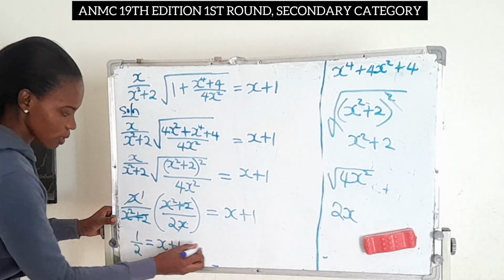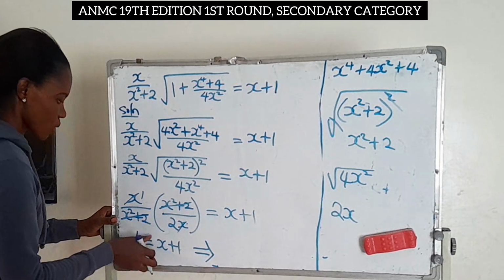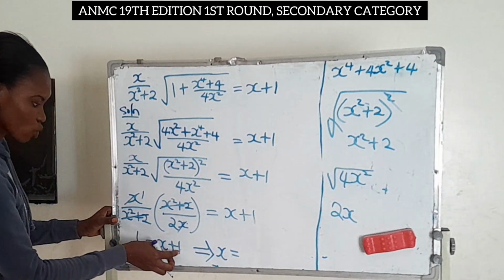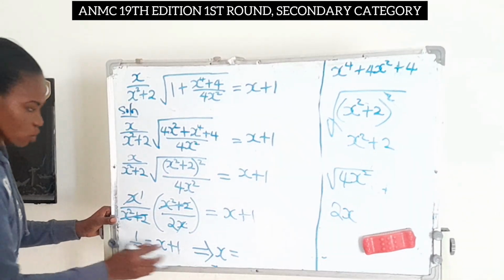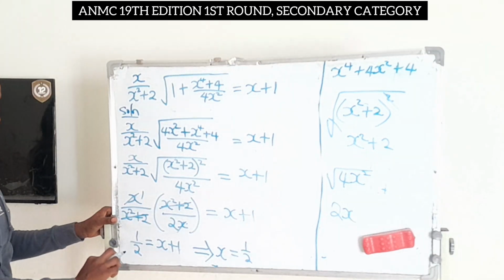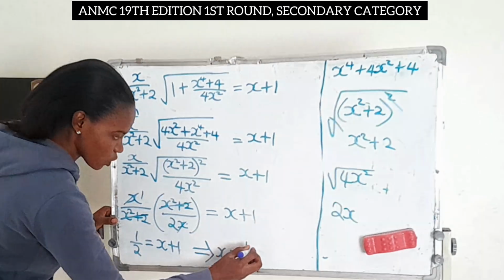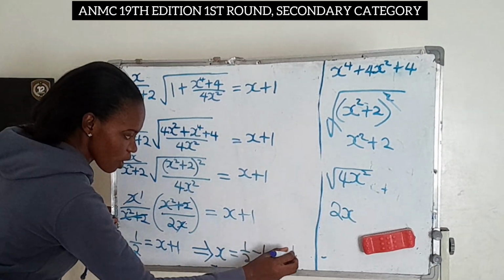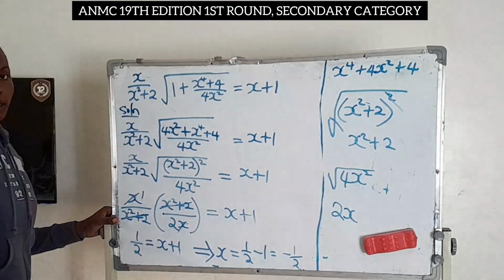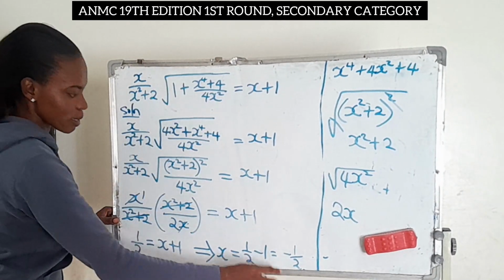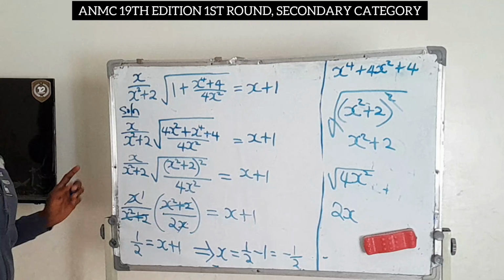So this implies that x is equal to 1 over 2 plus 1, the 1 coming to that side will change to minus 1. So 1 over 2 minus 1. Half minus 1 will give you negative half. Is that understood? So the answer for our x here is equal to negative 1 over 2.